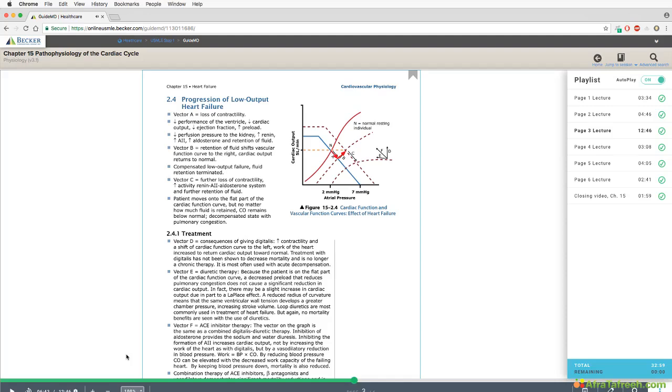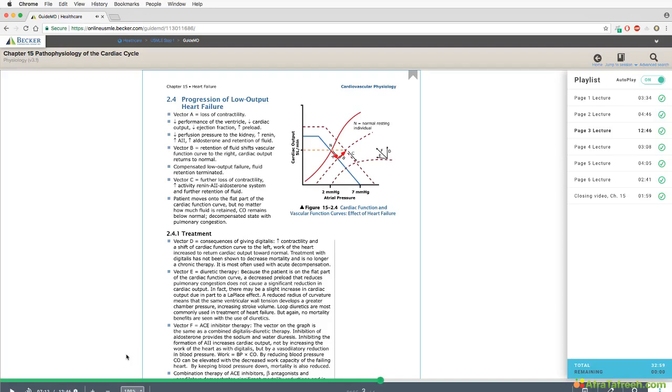You give a diuretic. If you give a diuretic, you move along to the left on vector E, you move along the plateau. So what is the consequence? You decrease preload, you decrease that pulmonary congestion, but because you're moving along the flat part of the cardiac function curve, no significant decrease in performance.